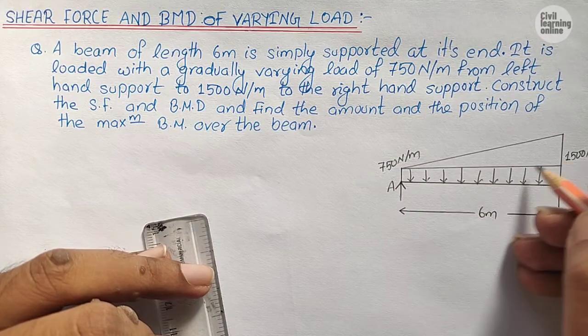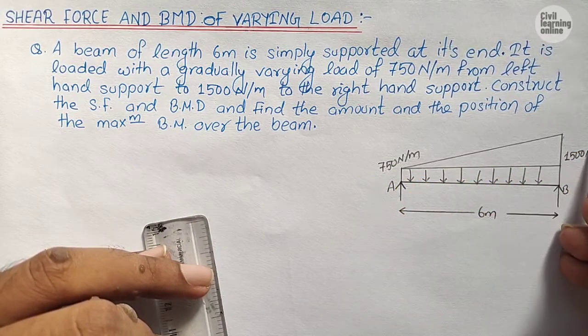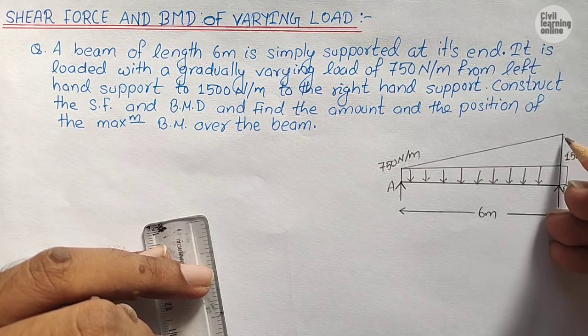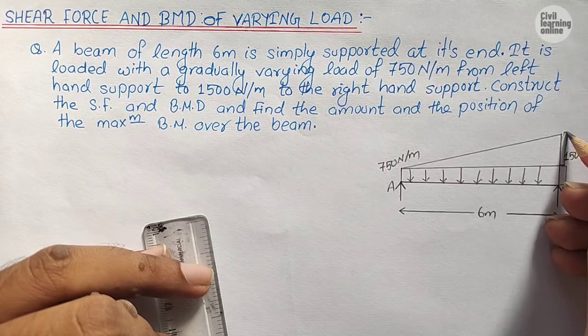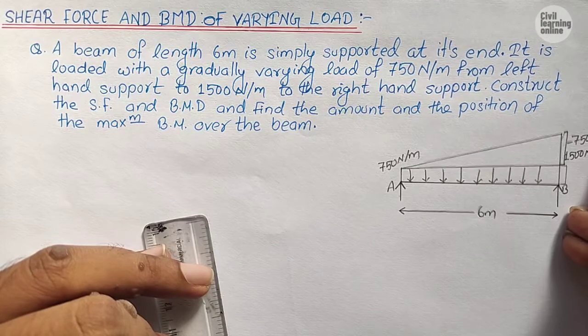If we subtract this portion from the 1500 Newton per meter, then the value of the remaining portion will again be 750 Newton per meter.